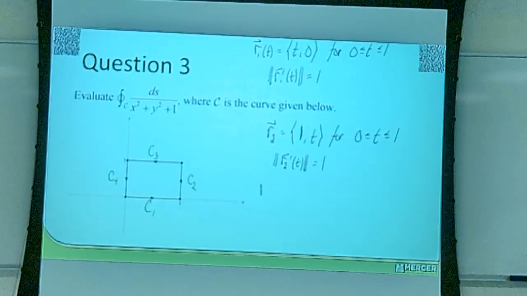R3. Y is fixed at 1, t is changing. Right, but notice how t is changing. It goes from 1 to 0. There's more than one way to represent curves. So this is one way we could do this one.